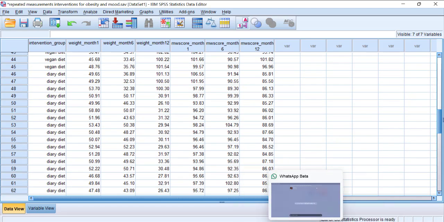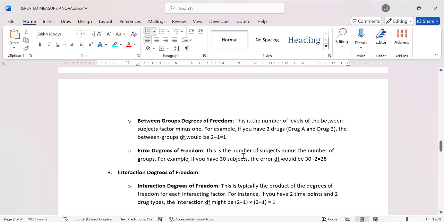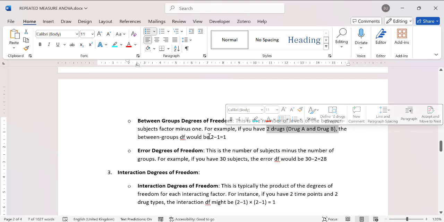So we have 3 groups. My between groups degrees of freedom will be 3 minus 1, that will be 2. If you have two categories, maybe you're comparing two drugs, then that will be 2 minus 1, that will be 1.